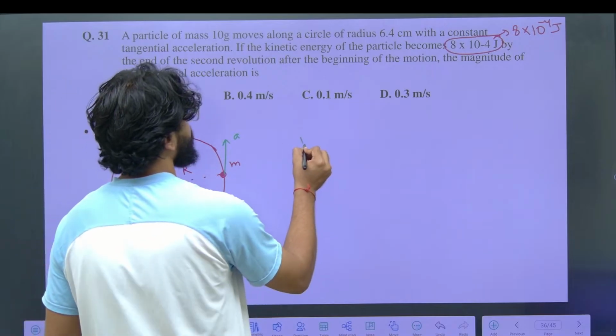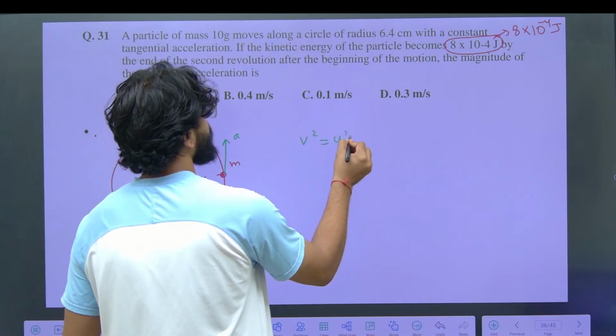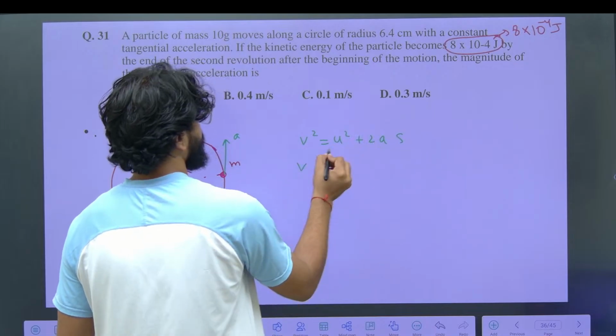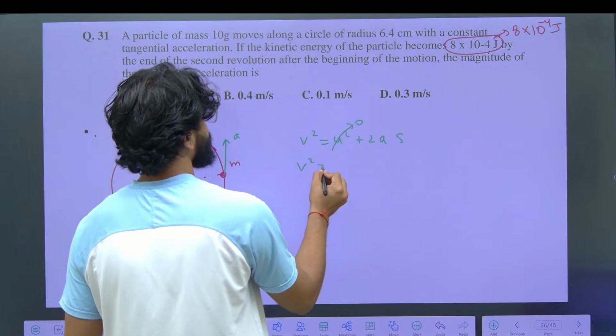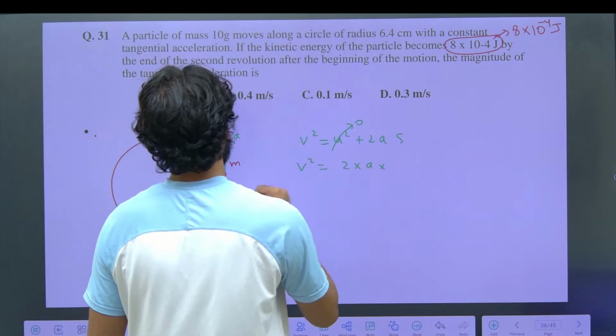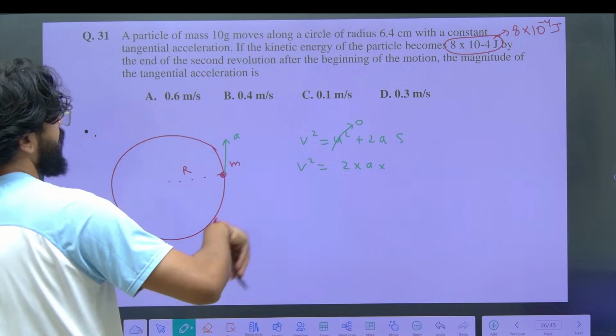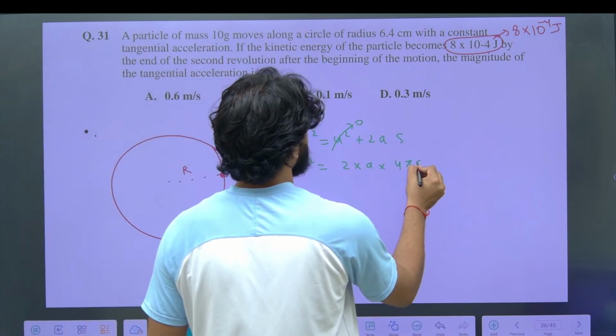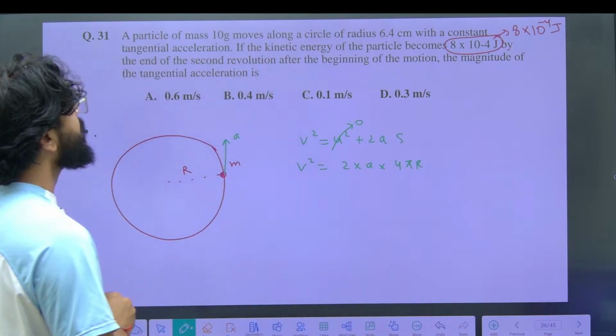If the kinetic energy becomes this by the end of the second revolution, can we say v square equals u square plus 2as? Initial velocity was 0, so v square equals 2 into a into the displacement after 2 revolutions. It will be 4 pi r, correct?